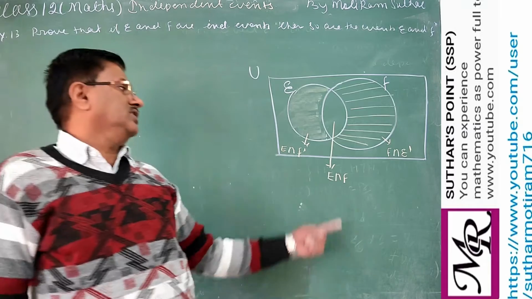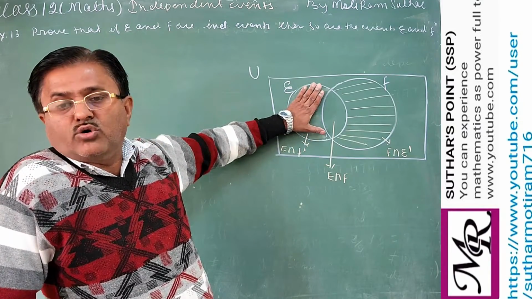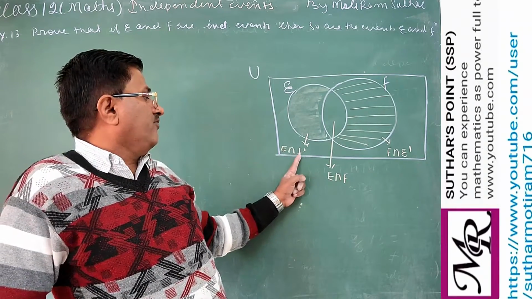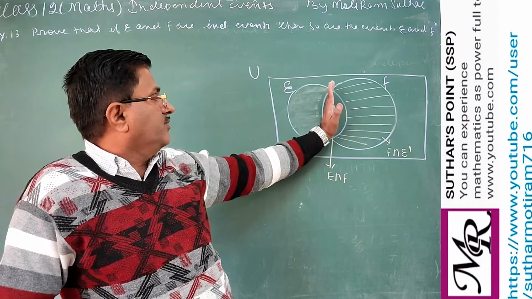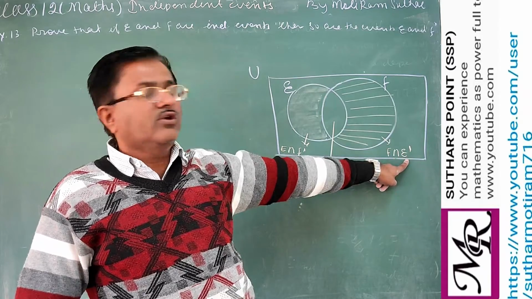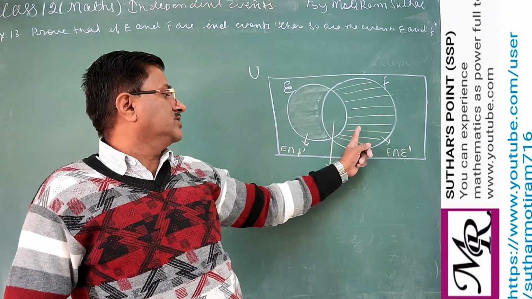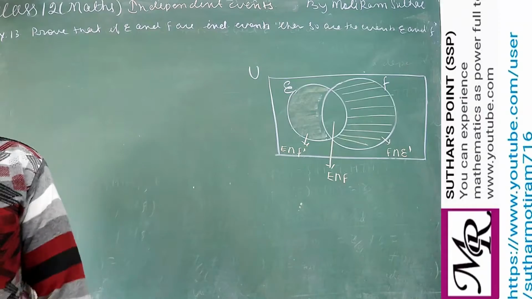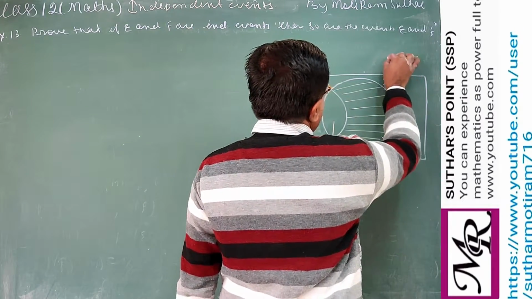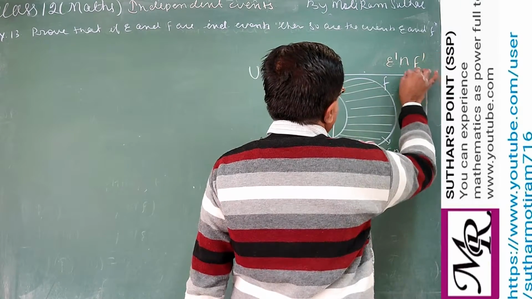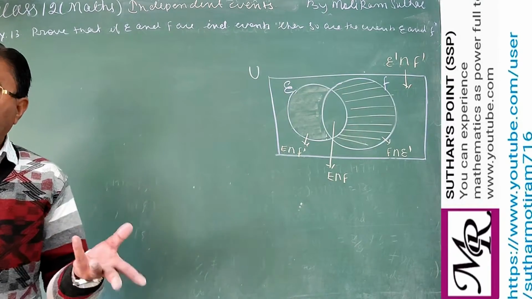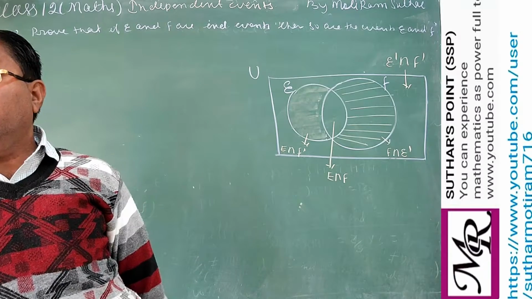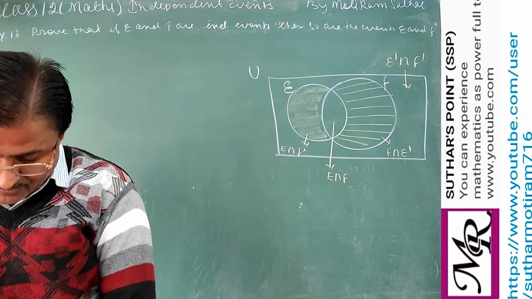We already saw this in 11th class. Only E means E intersection F naught, which are not in F, and the common region is E intersection F. Similarly F intersection not E are those which are not in E and which are in F. And the outside region we generally call E naught intersection F naught, which are not in E and not in F but in U.